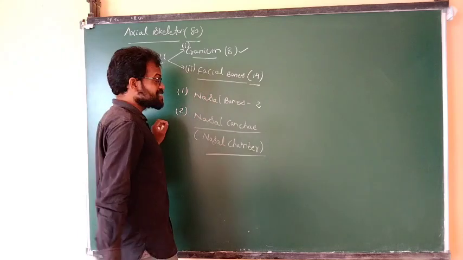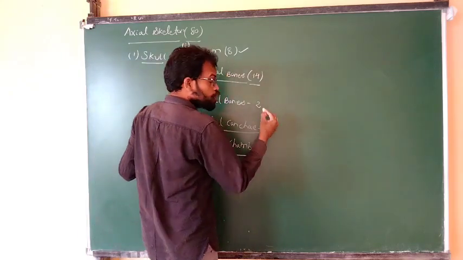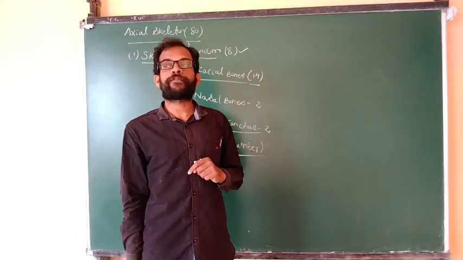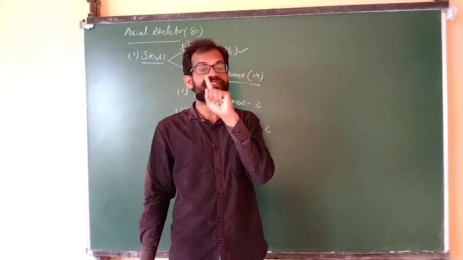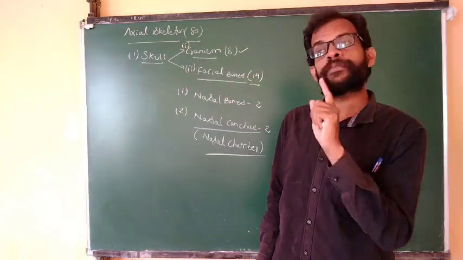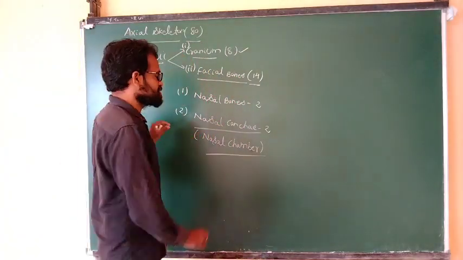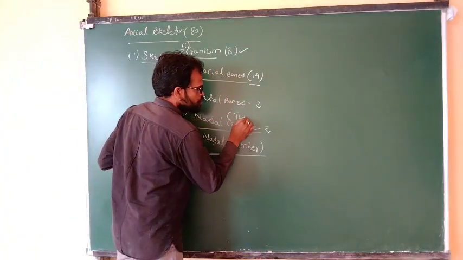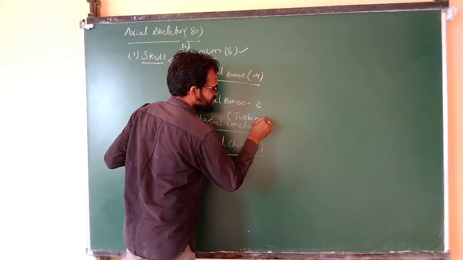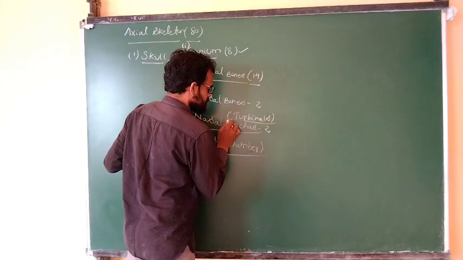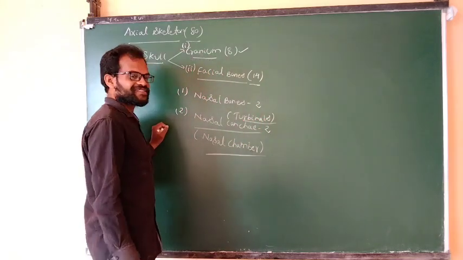How many bones are present in the nasal chamber? It consists of 2 bones. Inside the nasal chamber, there are the nasal conchae, also known as turbinals.